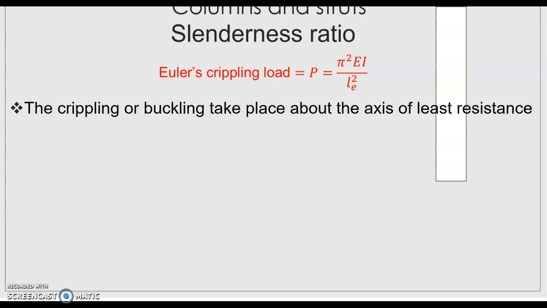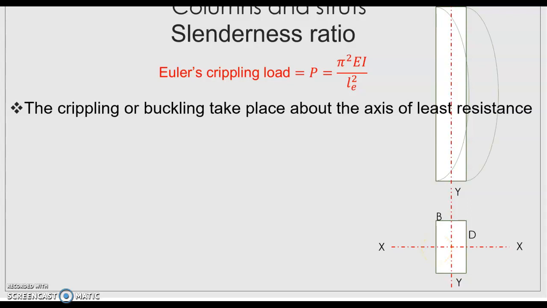For example, a column having length L, breadth B and depth D, and it is bisected by the x-axis and y-axis. The breadth B is less than depth D, so the buckling is about the y-axis. Buckling is shown in the figure. Buckling takes place in the y direction.